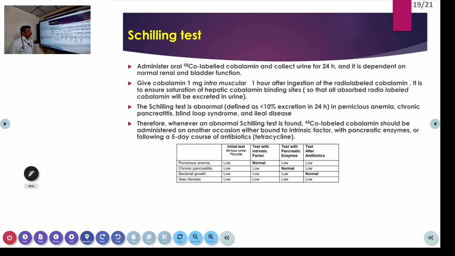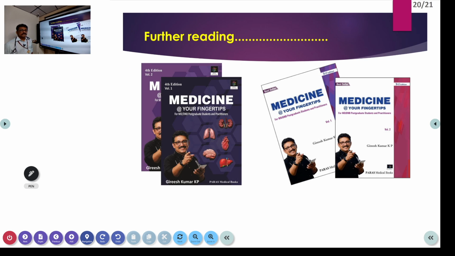So we can do this test in routine medicine wards. But even after this test, the treatment will be injection B12. So we don't try to do this because it's a very difficult test to be done in emergency departments or ICU. So we have discussed one of the important clinical scenarios, that is B12 deficiency.